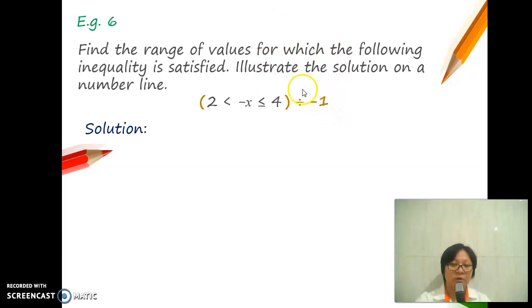If you divide by -1, it will change not only the sign of each term, but it also changes the direction of the inequality symbol.